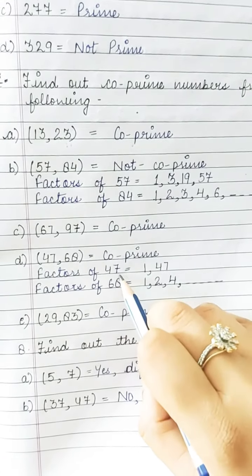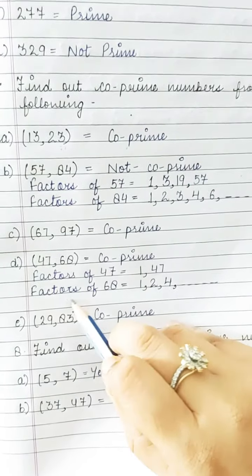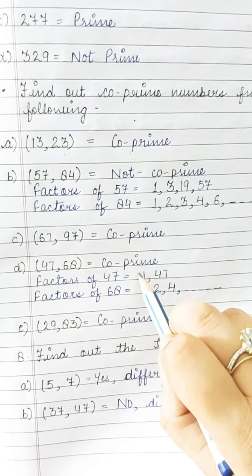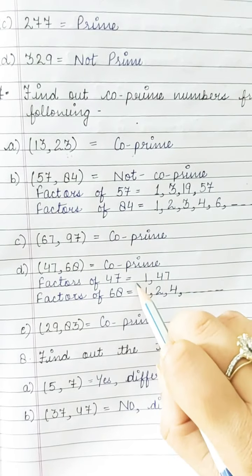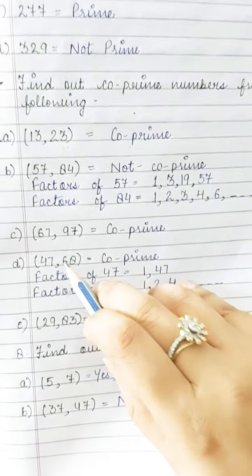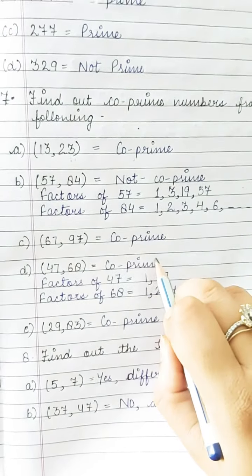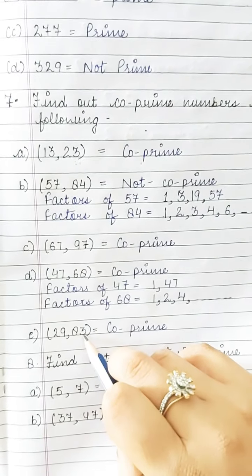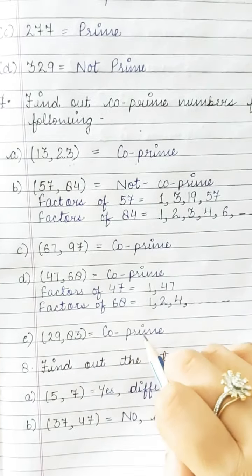Factors of 47: 1, 47, and factors of 68: 1, 2, 4, and so on. You can see there is only one common factor, that is 1. So that is why 47 and 68 are co-prime. Now 29, 83, again these both are prime numbers, so that is why they are co-prime.